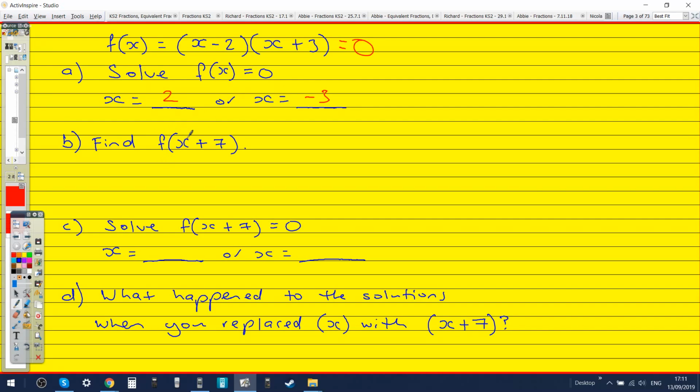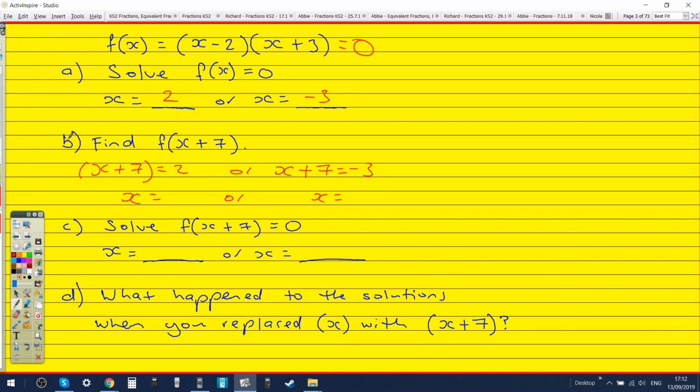Now, if we were to do the f of x plus 7, we would be replacing x with x plus 7. And so x plus 7 equals 2, or x plus 7 equals -3. And so what are the new solutions? -5 or -11. No, -10, sorry. Yes.